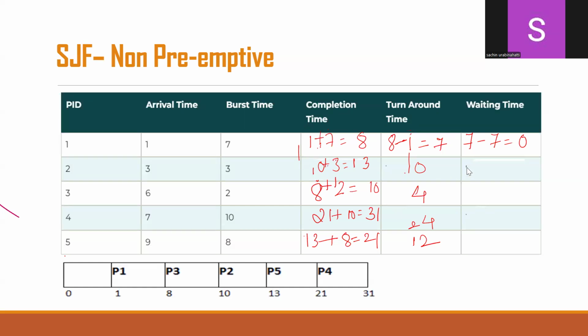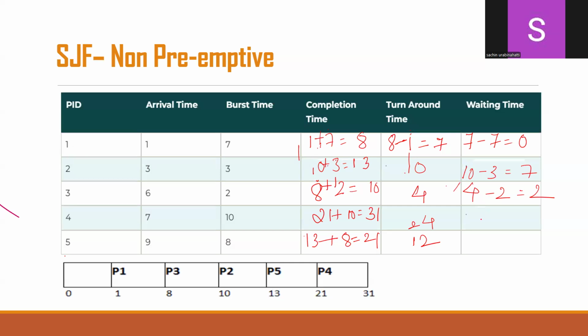So now we can see here, the turnaround time for P2 is how much? It is 10. And what is your burst time for this P2? It is 3. So 10 minus 3 is 7. Right? And what is the turnaround time for P3? It is 4 minus burst time 2, so it will be 2.